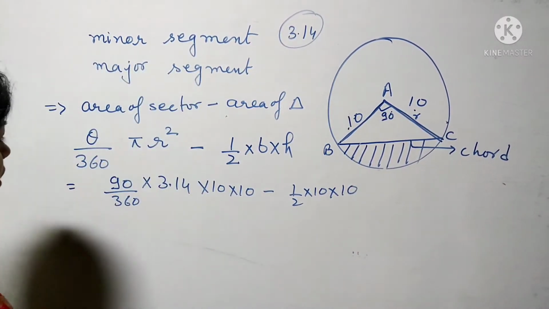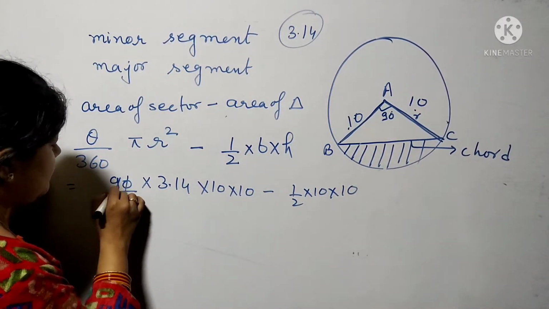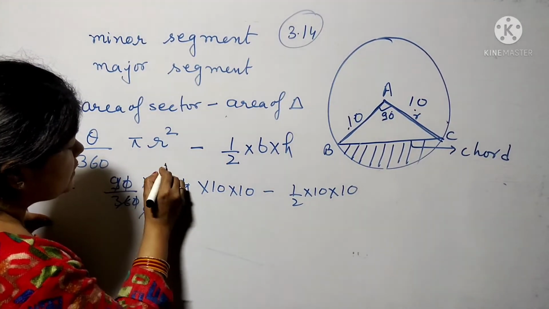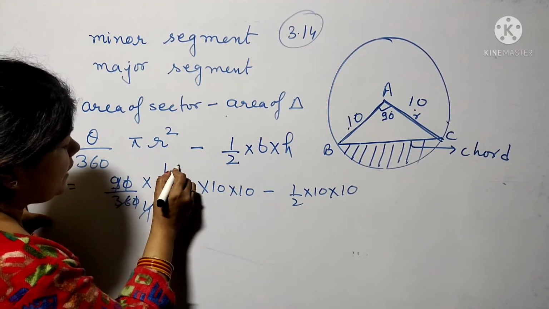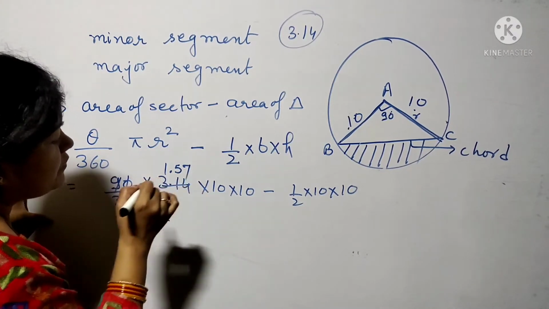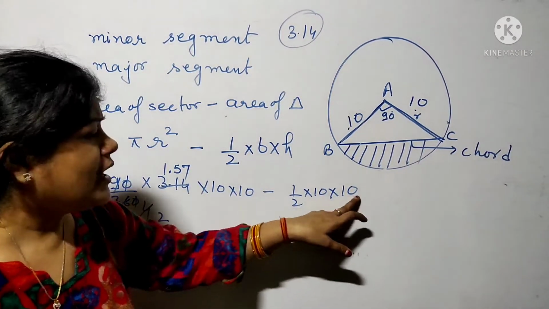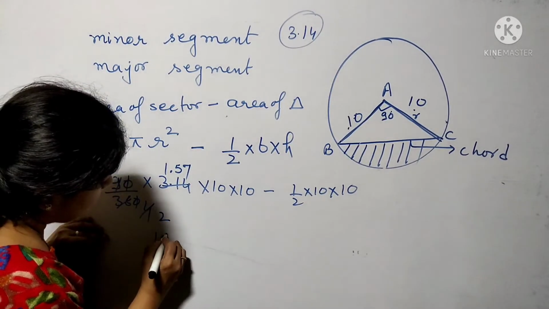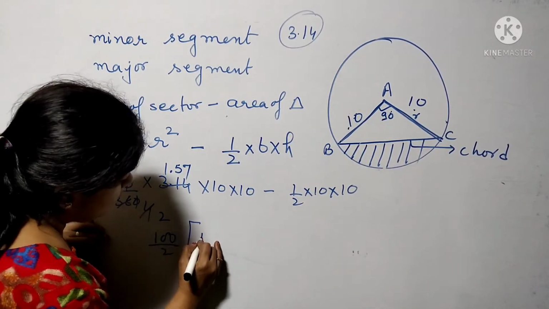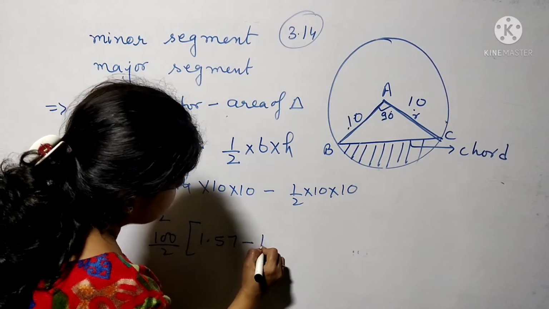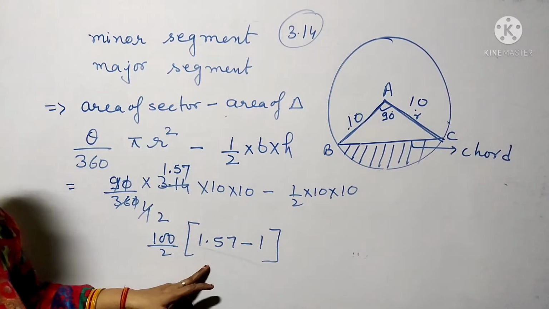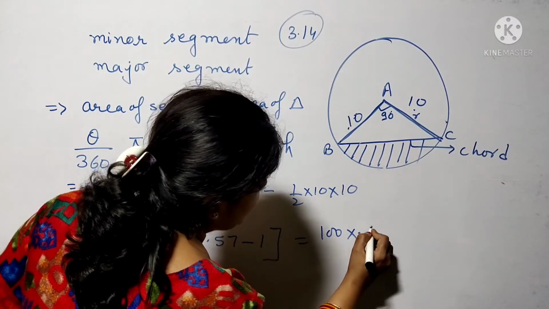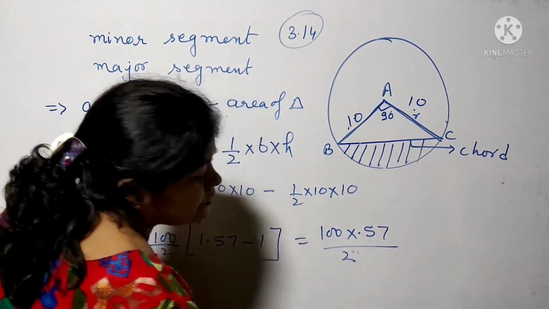Clear? Now 9 4s are 36. Now 2 2s are 4, 2 1s are 2, 2 5s are 10, 2 7s are 14. Now half and half are both common, so we can take outside 100 by 2. 1.57 minus 1 which is equal to 0.57. That is 100 into 0.57 by 2.